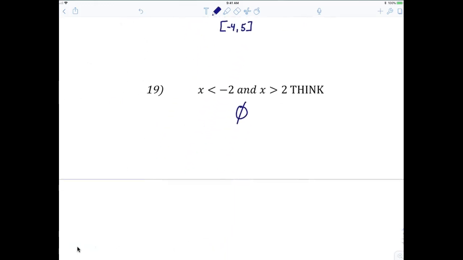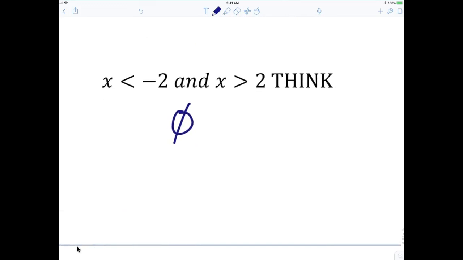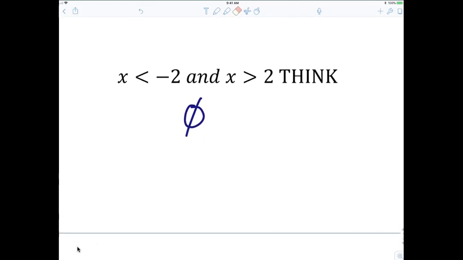All right, number 19. Let's think about it, even though you see the answer. Now again, this is the kind of stuff I'm trying to tell you. This helps you in the long run, meaning you can understand numbers. You see them different than most people. So when somebody says what numbers are less than -2 and greater than 2, you should look at them like, what are you talking about?